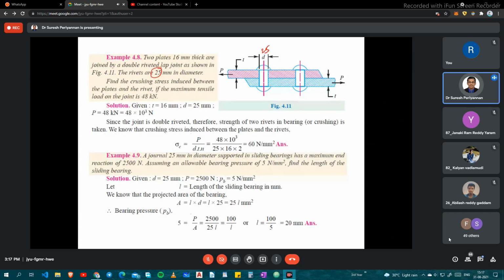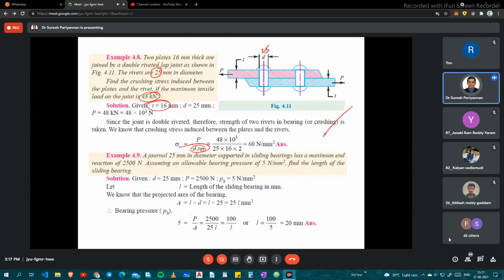The load and the thickness of the plate, 16 mm, are already given, so you can straight away substitute in the formula: P by D into T into N, where D into T is the area and N is the number of rivets. Finally we get 16 Newton per mm square.